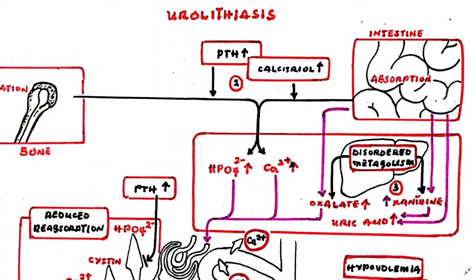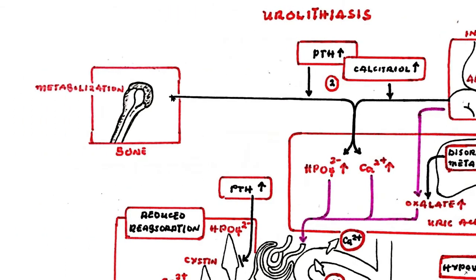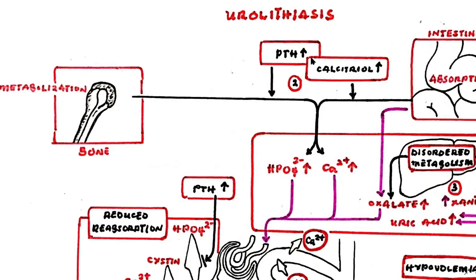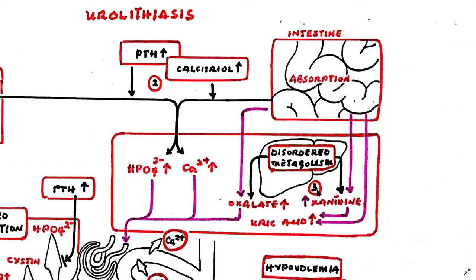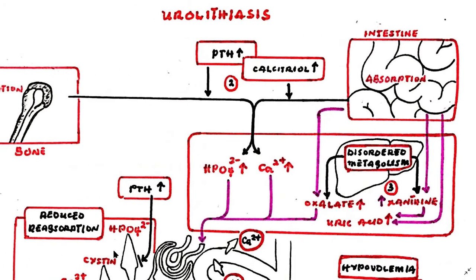Concrement-forming substances such as calcium from intestinal absorption in the face of elevated calcitriol, phosphate from metabolization of bone in the face of elevated parathyroid hormone, as well as uric acid, xanthine, and oxalate from intestinal absorption and disordered metabolism in the liver, can reach concentrations in the urine that lie above their solubility threshold, or the ability for them to dissolve.